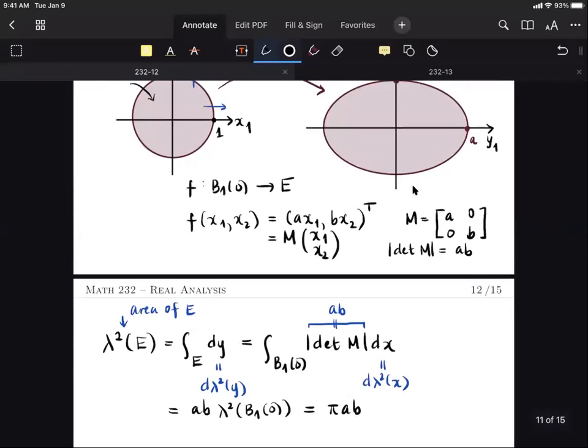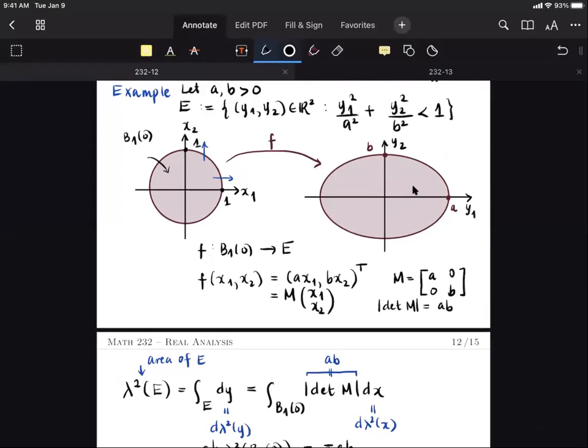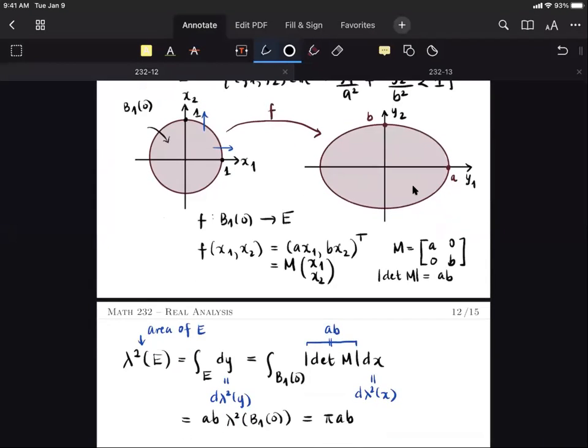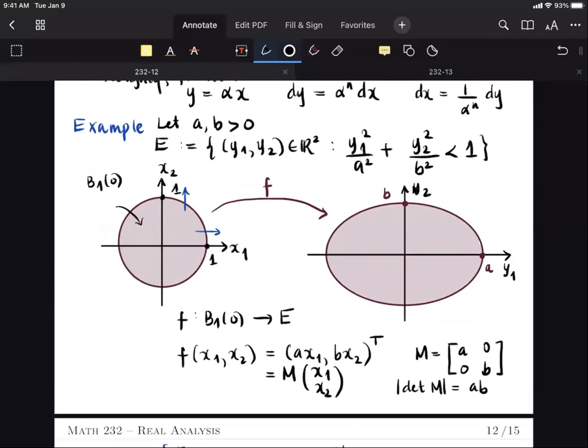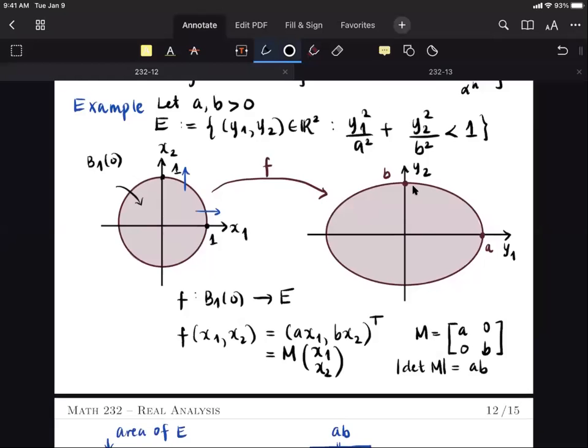So the area of the ellipse is pi times the product of these parameters A and B. So the area here is pi, and the area here is pi AB.